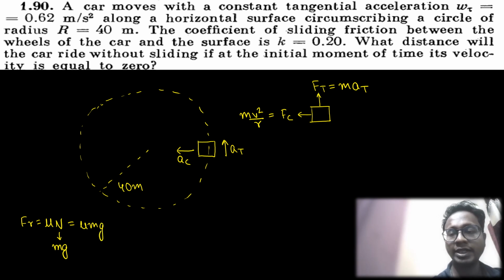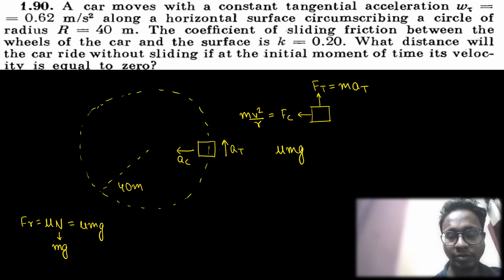Okay, now let us find out the value of the combination of these two forces. So can I say net force is equal to mass into acceleration? So what is the force? Force is equal to mu mg. Are there any other forces on this plane?